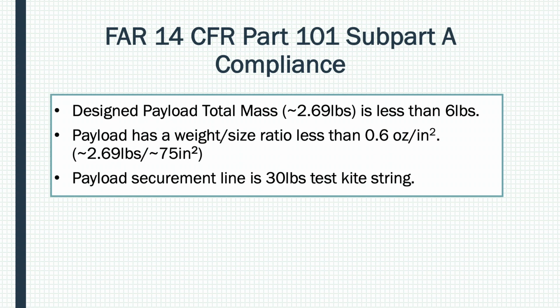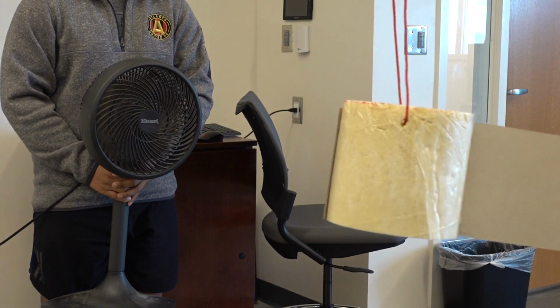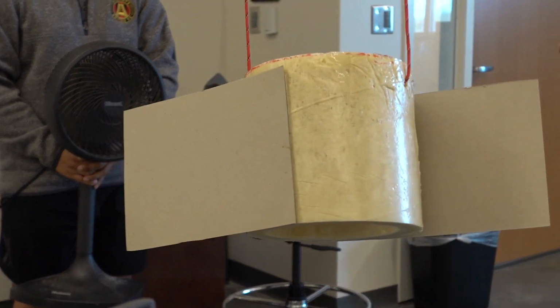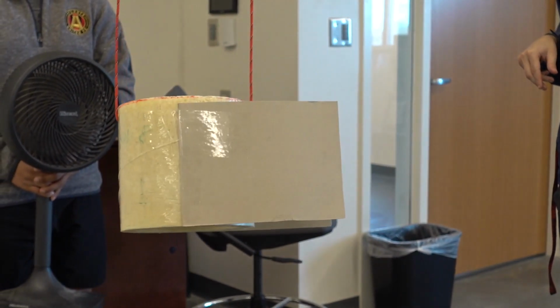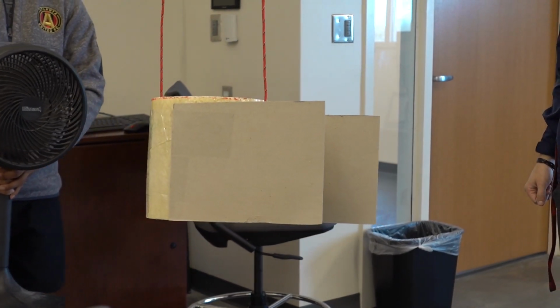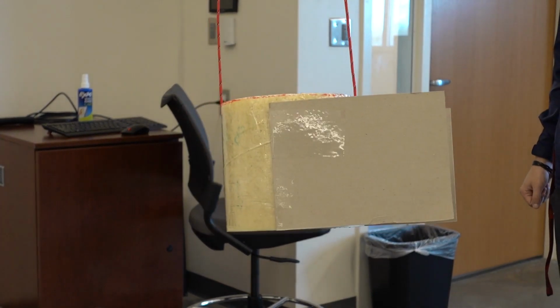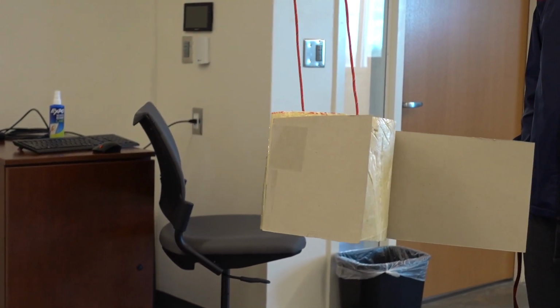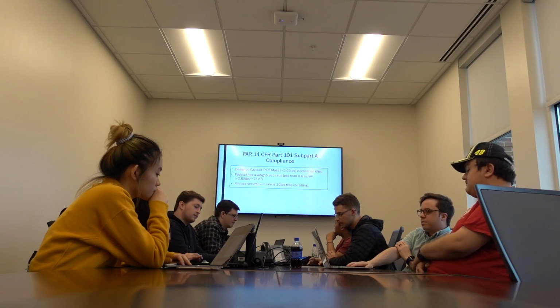We are well below the FAR compliance total mass. Our weight size ratio is right now less than 0.6 ounces per square inch, so we're good on that. And we are using 30-pound test kite string, and the compliance design is for 50 pounds, so we're below on that too. So next slide.